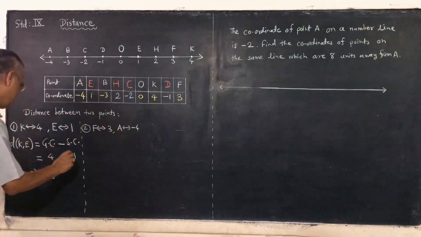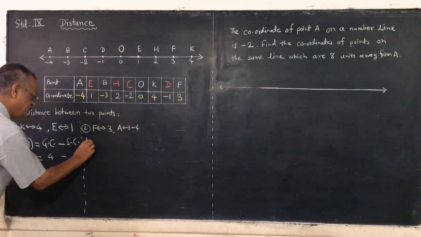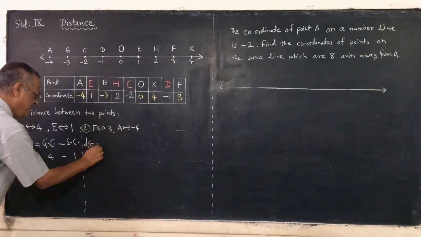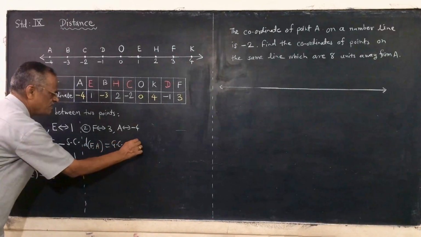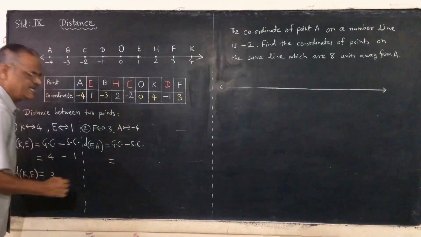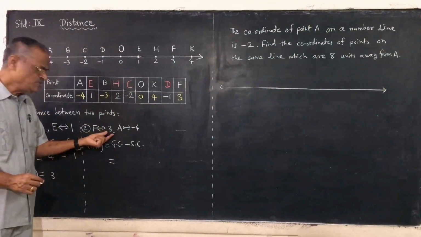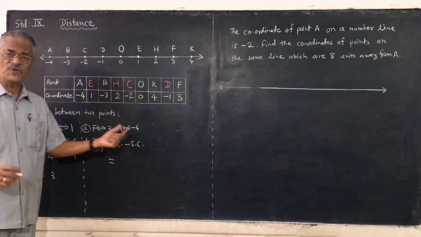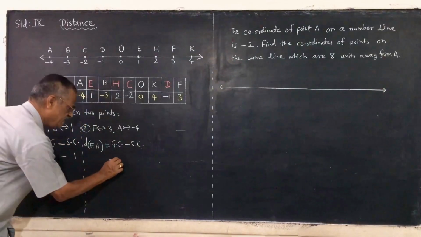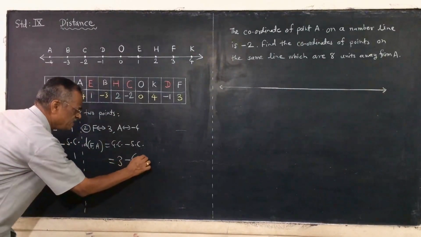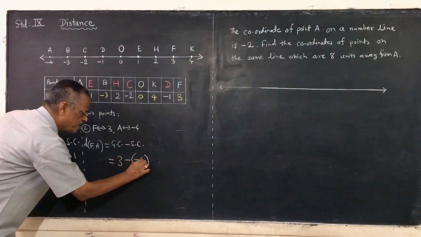Simple formula, that is distance FA is equal to greater coordinate minus smaller coordinate. Positive 3, negative 4. You know which one is greater. So that is 3 minus the smaller coordinate.